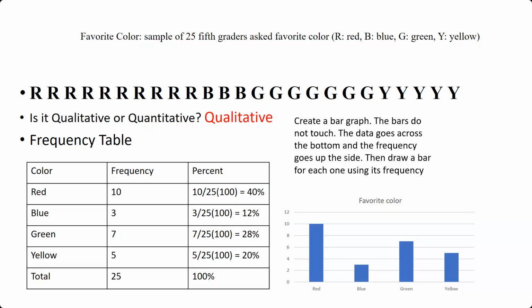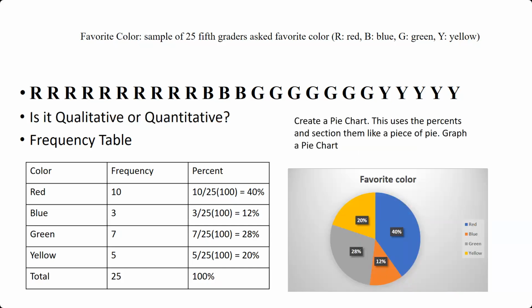And I'm guessing this is probably going to do the same thing for my pie graph. But when you're doing a pie chart, instead of using the frequency, you're using the percent. Notice the 40% is the highest percent. It has the highest section. Now, it doesn't have to be exact when you're drawing it by hand, but don't make the 12% and the 40% the same size.